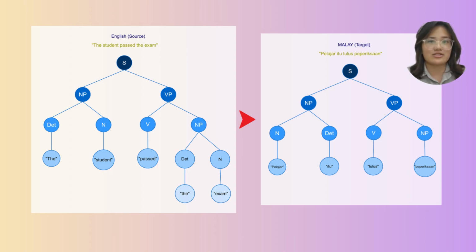Because the system isolated this as a specific noun phrase subtree, it automatically flips the words to pelajar itu, before recombining it with the rest of the sentence. This prevents messy, direct word-for-word translations.